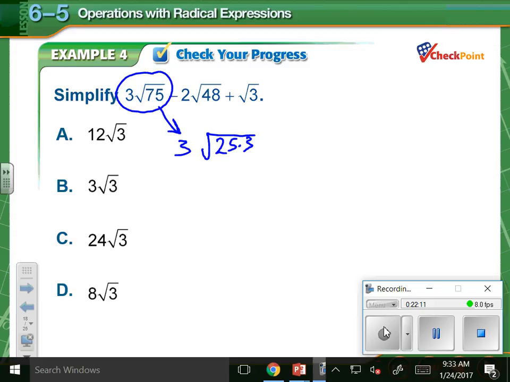The 25 comes out as its square root. I'm going to skip some steps. 25 comes out as the square root of 25, so it'll be 3 times 5. Square root of 3 stays inside. Follow that? Yeah?